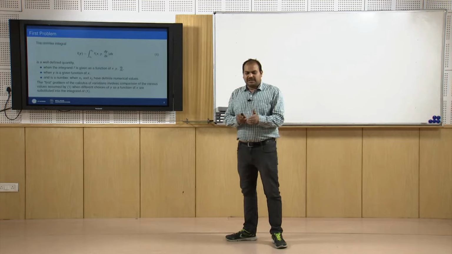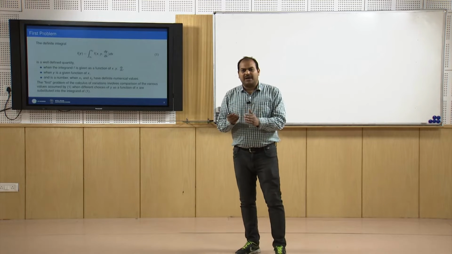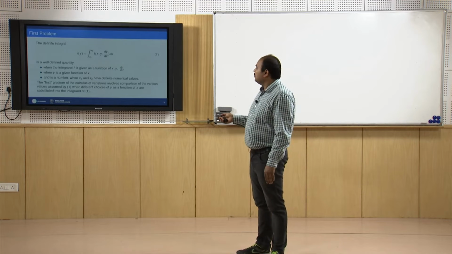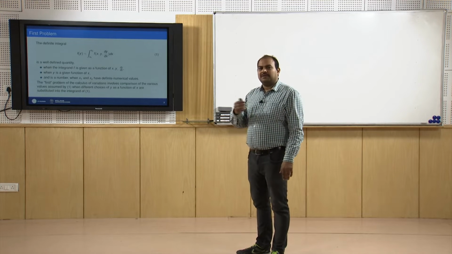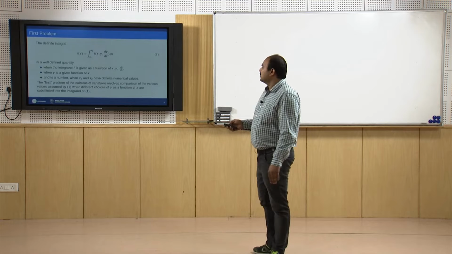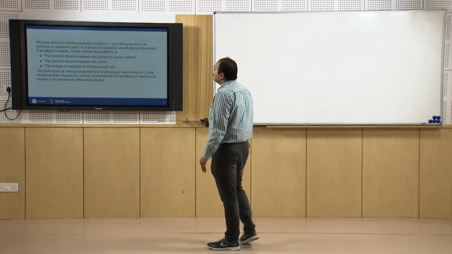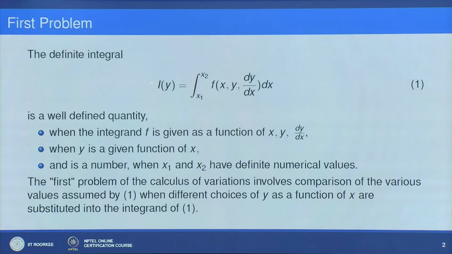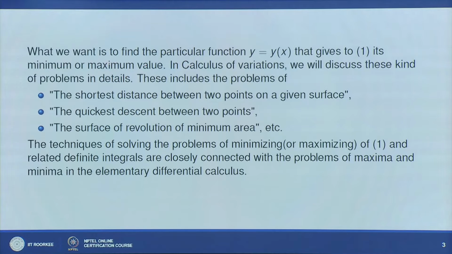In calculus of variation we try to compare these two values and find a function for which the value of this integral is either maximum or minimum. Or you can say that we want to find a particular function y of x that gives the integral its minimum or maximum value.